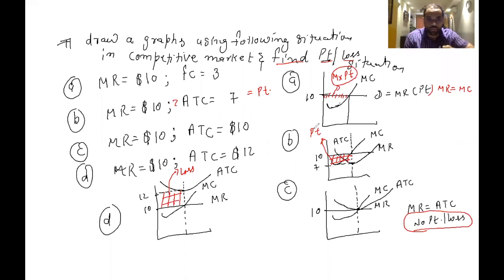Situation C is no profit, no loss. Situation D is a loss situation, right? So please ask me again. Please tell me again, what is the meaning of your question?